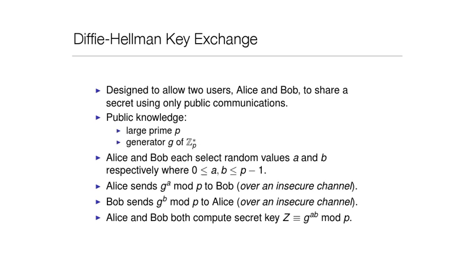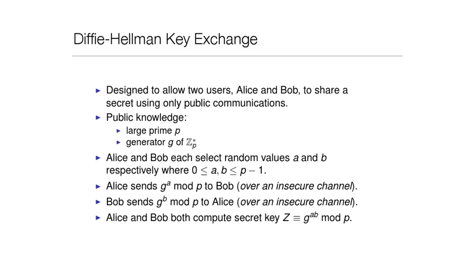Instead, he knows G to the power A, which he gets from Alice, and computes it to the power B. So finally, both of them compute G to the power AB mod P.